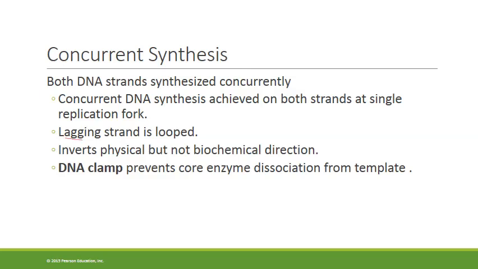Both the strands of DNA are synthesized concurrently. Because of this, one of the strands, the lagging strand, has to be looped around, making sure that both strands are going in that 5' to 3' direction. The DNA clamp helps provide the stabilization of this interaction so that both strands can be synthesized in the correct orientation.